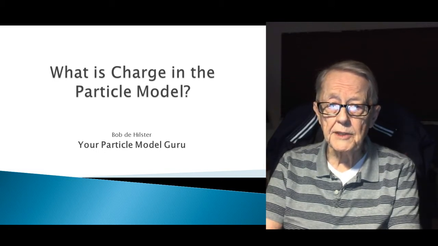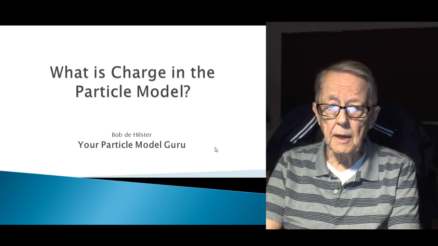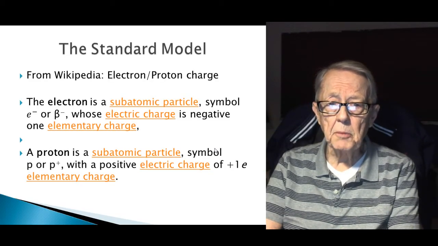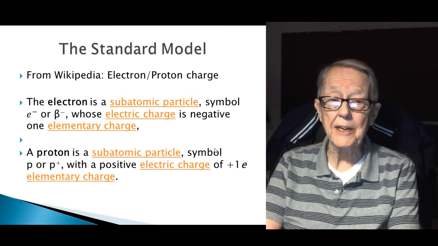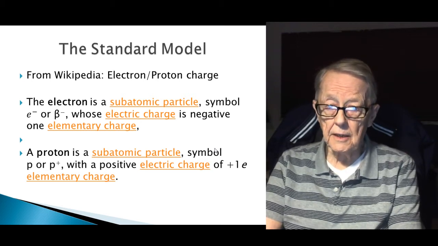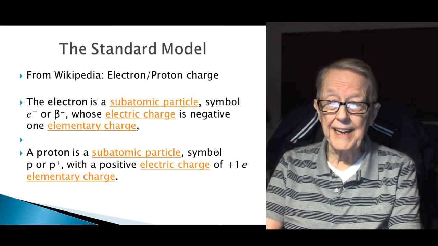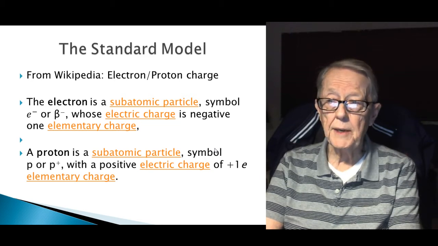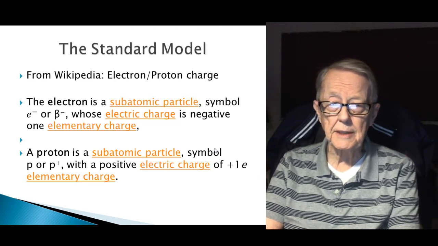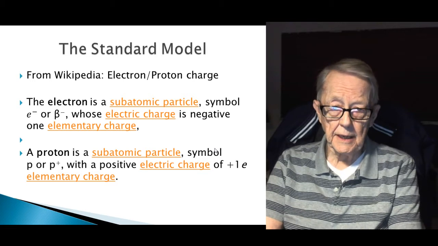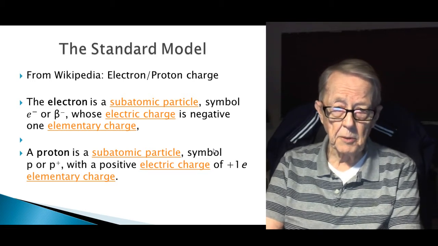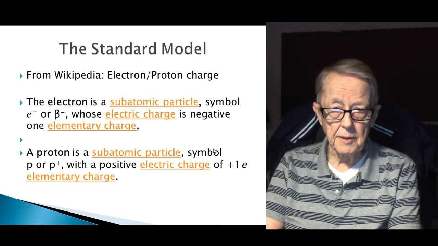So what is charge? The standard model uses the electron as a subatomic particle that has charge. Somehow it has it. The particle itself has charge, and the symbols are E with a minus sign or beta with a minus sign.